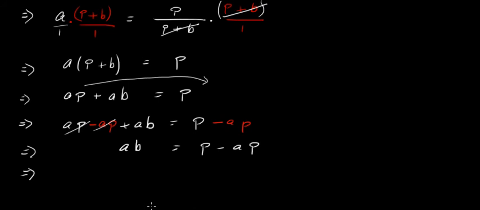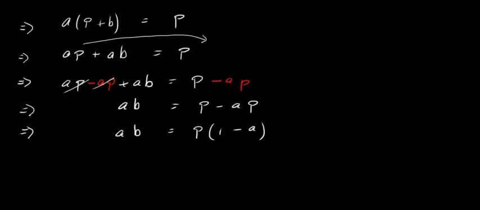Okay, almost there now. So I've got the two p's together anyway, so put the ab here. Now what we did in the previous example was, whenever there are two p's together we can factorize. So take the p outside the bracket here: p times 1 will give me p, p times minus a will give me minus ap. And then the last step is to look at what this p is doing to the 1 minus a.